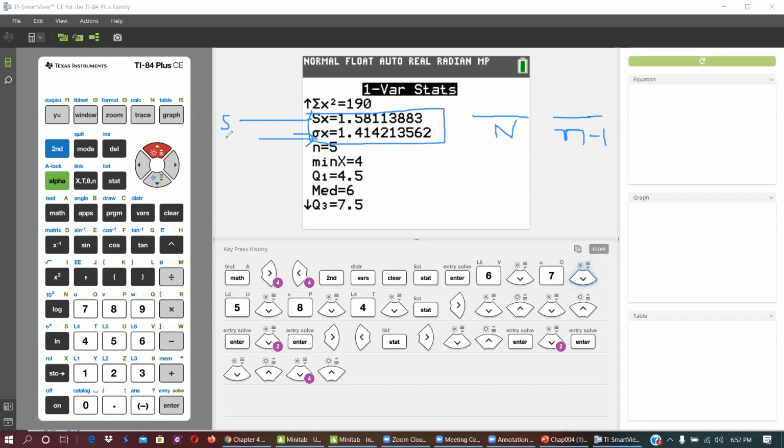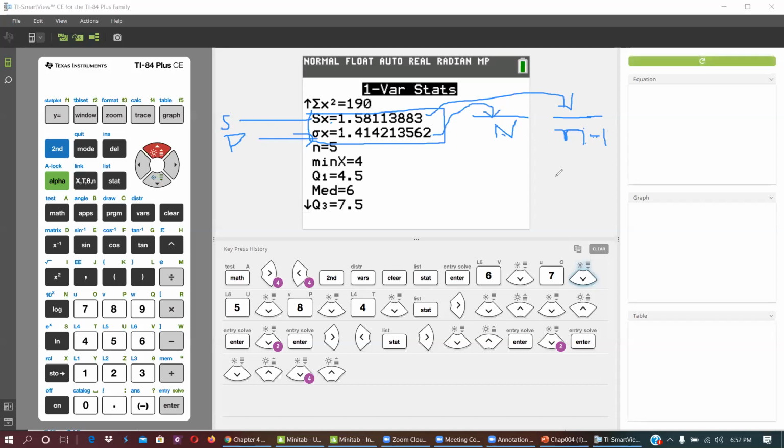Clearly understand, this is sample, this is population. Why? Because if you subtract 1 from the denominator, the denominator is smaller, so the total value will be higher. So this is the difference.